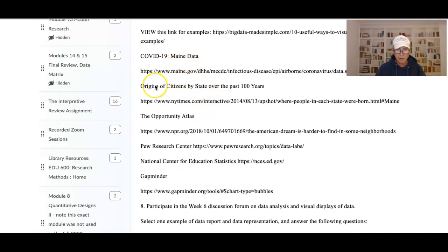Now, right here, this is Origins of Citizens by State over the last 100 years. Click on this link and it's going to take you to an article. It's going to take you to the visual displays that were in the New York Times. I find this information so fascinating, and I also think, what would this be like if I was staring at a chart full of numbers?